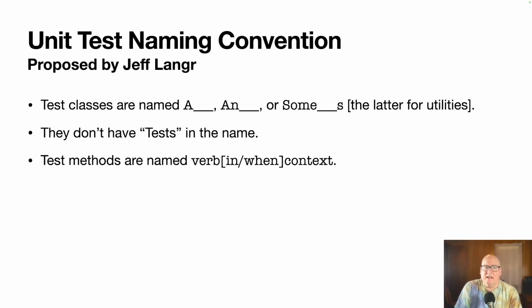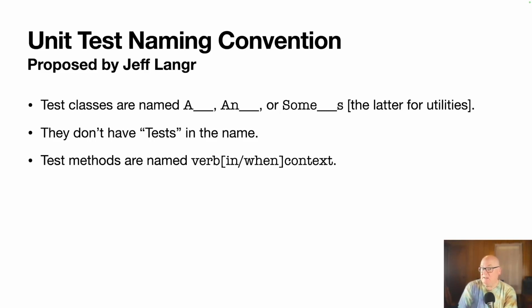I'm going to take a chance and use a unit test naming convention that Jeff Langer proposed. So instead of naming classes like something tests, he uses a whatever, and whatever, or some whatevers to represent, if I'm testing a stack, it's a stack. And so testing my objects with a class named like that.